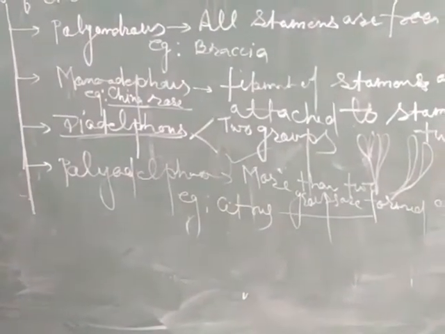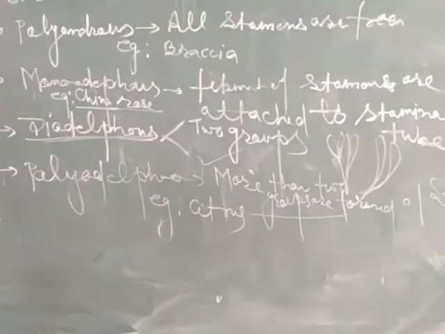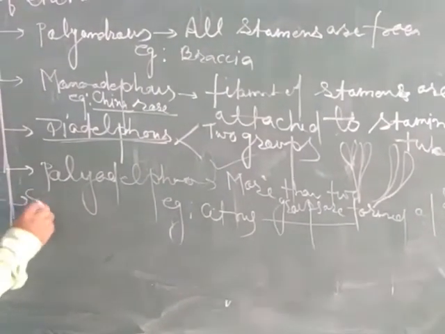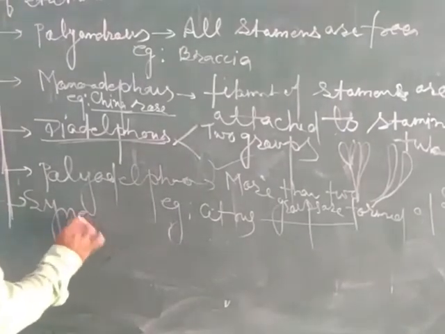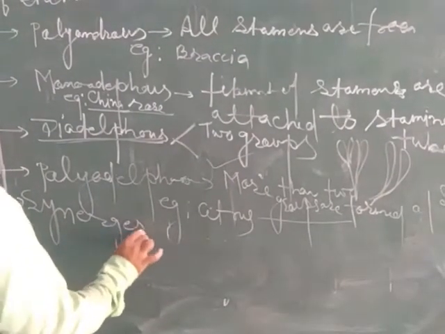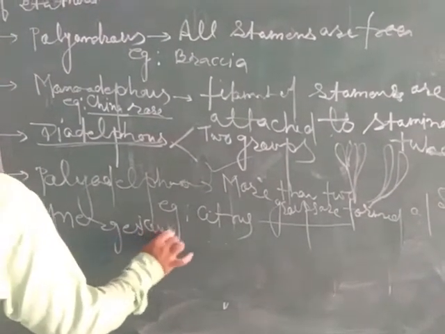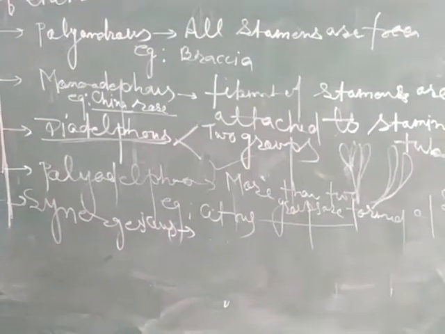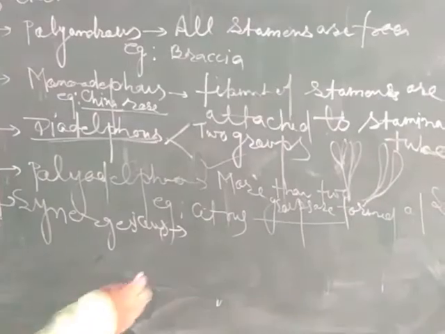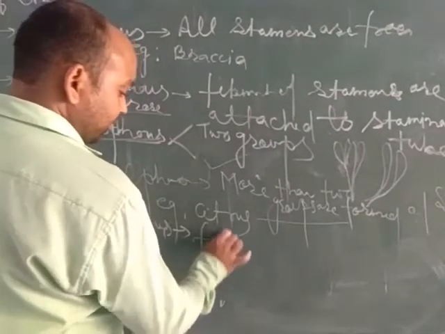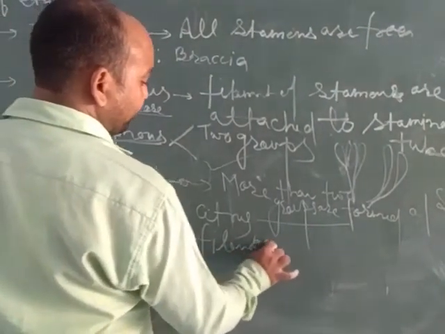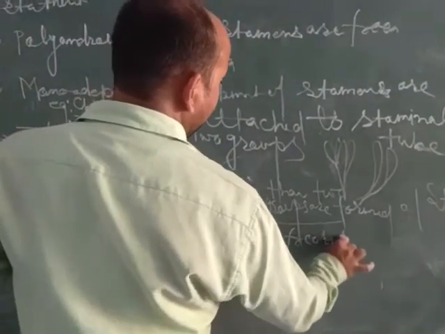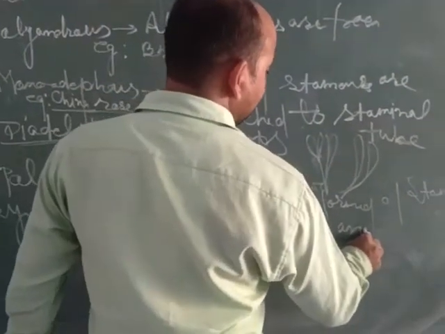And the last one is the syngenesious condition. In syngenesious condition, the filaments are free, but the anthers of the stamens are attached.